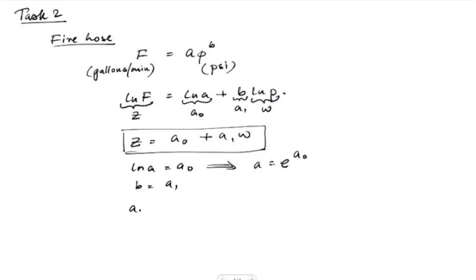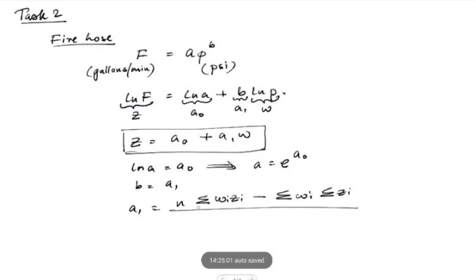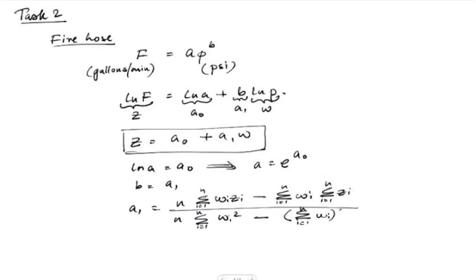For A1 we take the formula directly from linear regression: n times the summation of Wi Zi, minus the summation of Wi times the summation of Zi, divided by n times the summation of Wi squared minus the summation from i equals 1 to n of Wi, the whole squared.